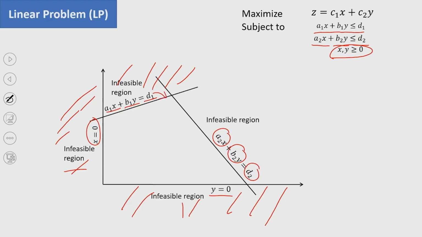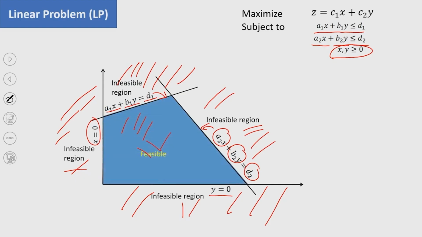This is the line a1x plus b1y equal to d1, and this is the region where a1x plus b1y is greater than d1, and these are the sides where it is less than d1. Similarly, this is the line a2x plus b2y equal to d2, and this is the infeasible region, and this part is the feasible region.